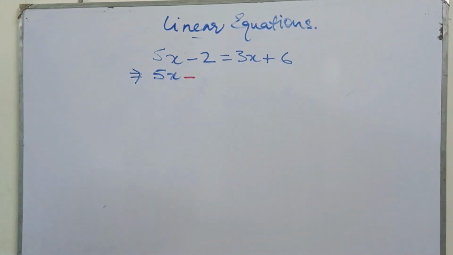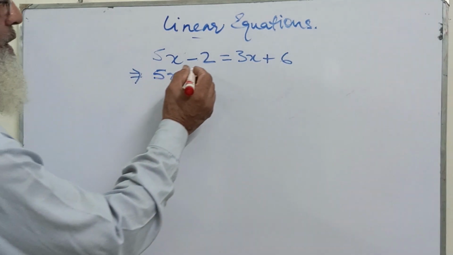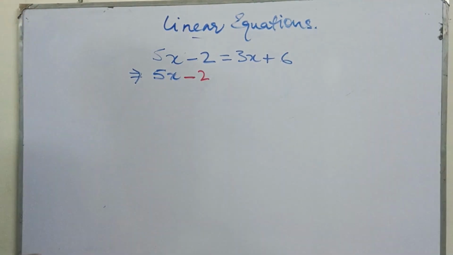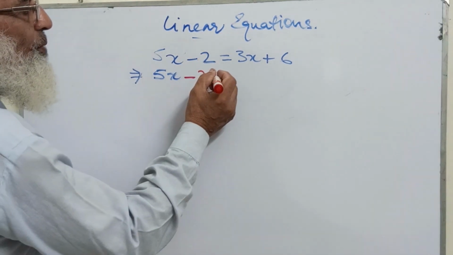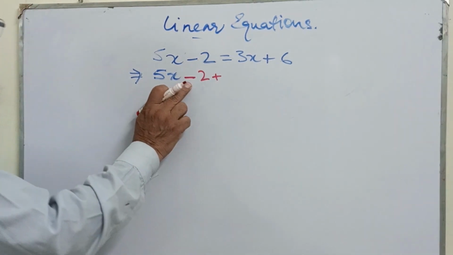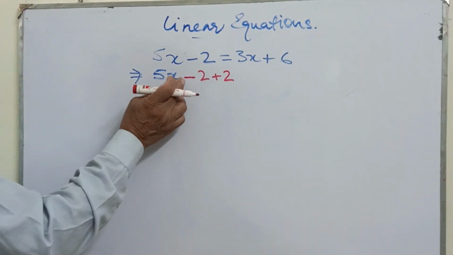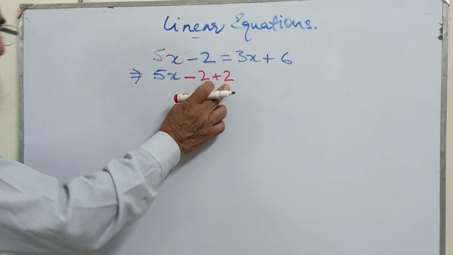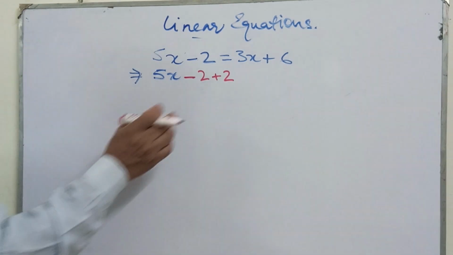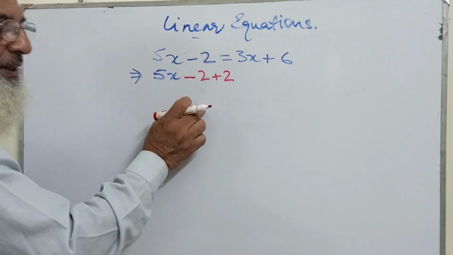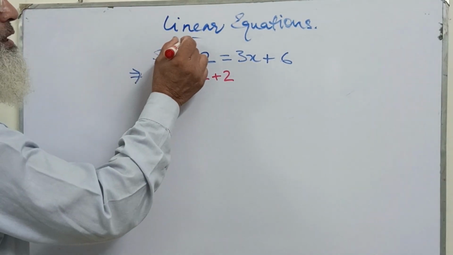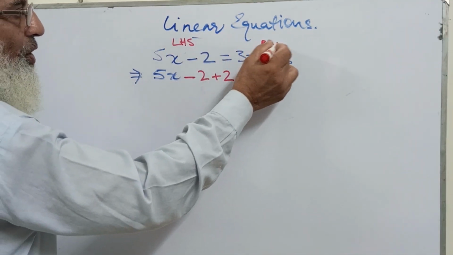The step by step way is that we will add an equal amount, because this is minus 2, and I have added an equal amount on the left hand side. Now this is the left hand side and this is the right hand side of the equation.